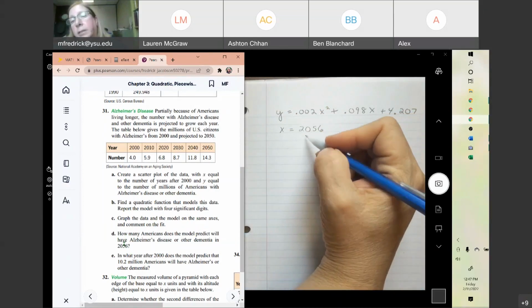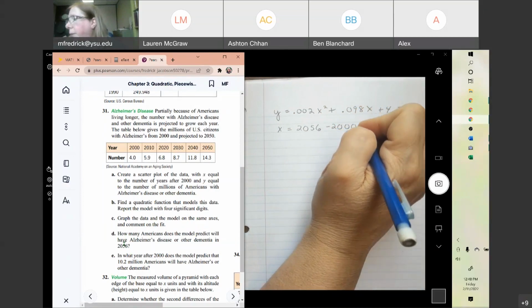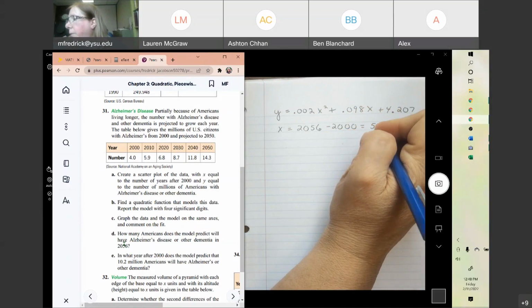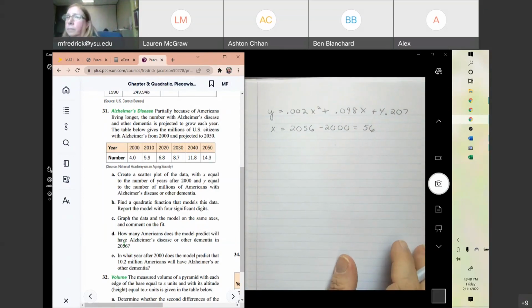Remember, X is the years after 2000. So if we take out 2000 years, X would be 56. Which would be an extrapolation because we only went up to 2050 and that's outside of it.